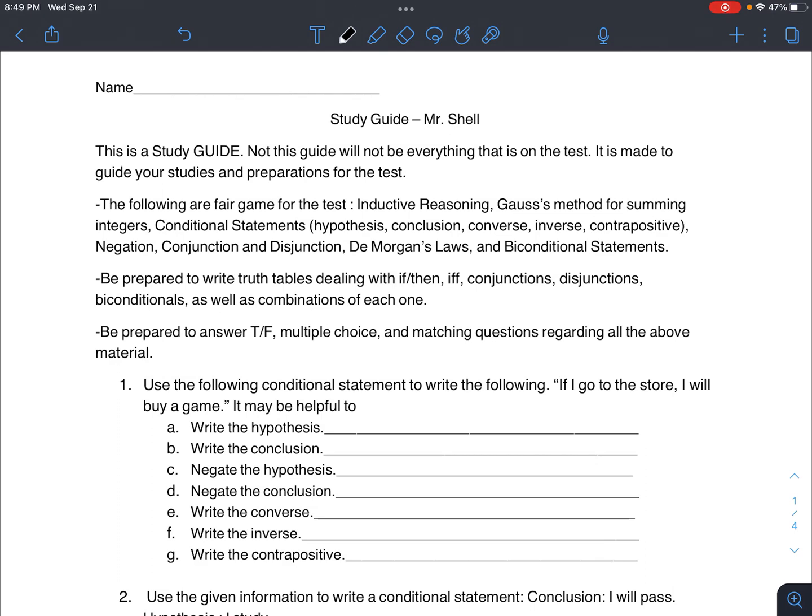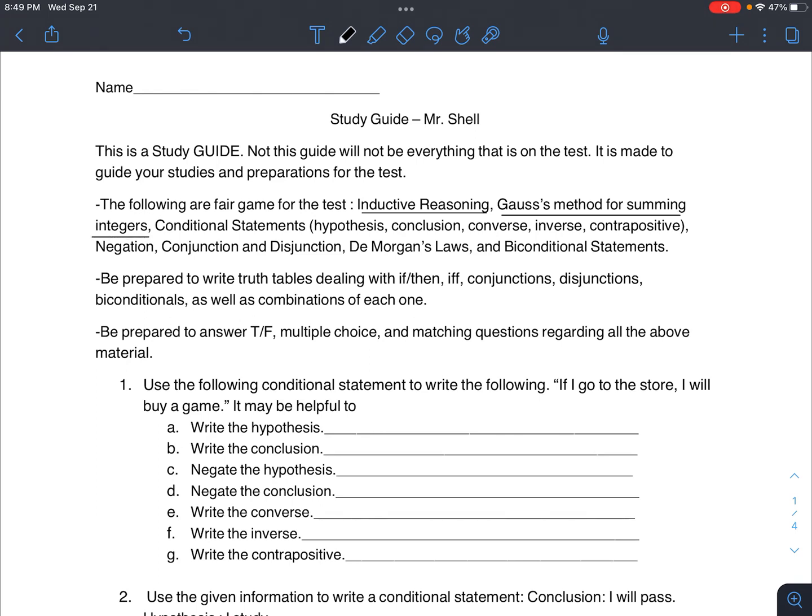Especially with this topic, it's almost black and white. It's not like in algebra where I could just change some numbers. I'm going to have to ask you different questions, and it's really going to show you a mastery of the content if you're able to score well. So, the following things are fair game. Inductive reasoning, this is pattern recognition. Gauss's method for summing integers.